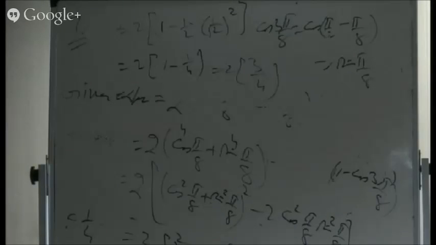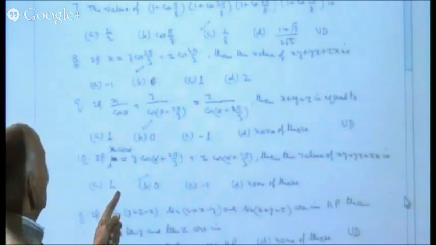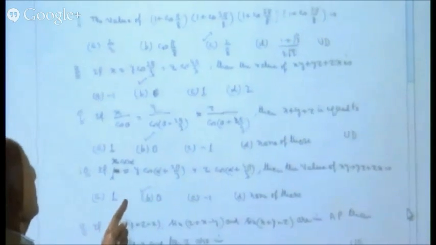So this question is from your Udan, this question is from your previous IIT papers, this question is again from your previous IIT papers, and this question is from Udan. I want to take up one question out of these three.